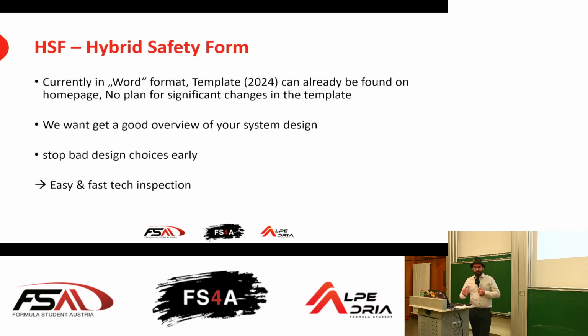By reviewing this document, we want to get a good overview of your system design choices. And if you have some very questionable design choices, we want to be able to give you feedback on it. This is why there is a document deadline for it in March, I think. And in the end, we hope that once we went through the review process, you don't have any problems in the technical inspection with regards to your hybrid system.